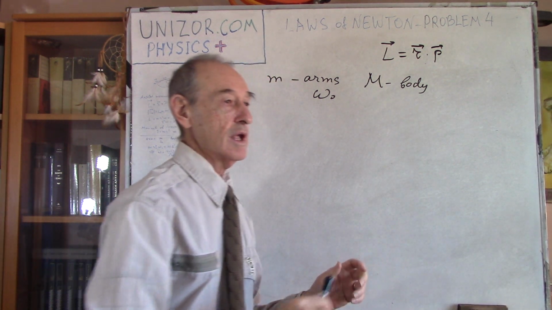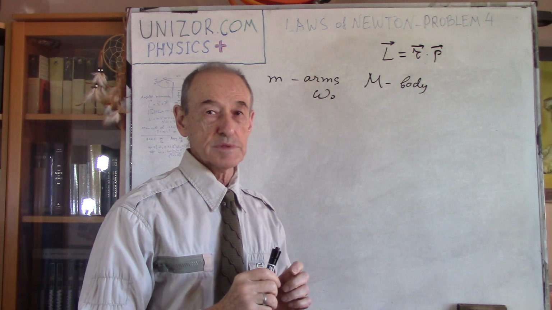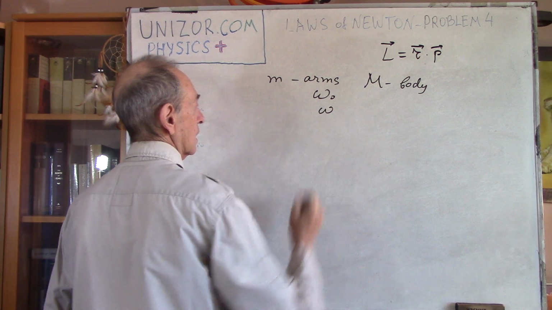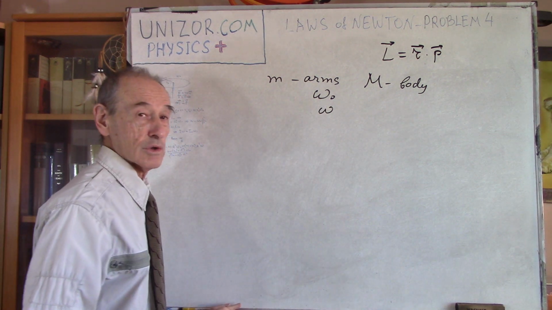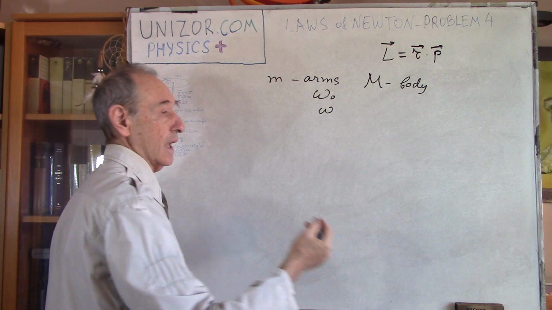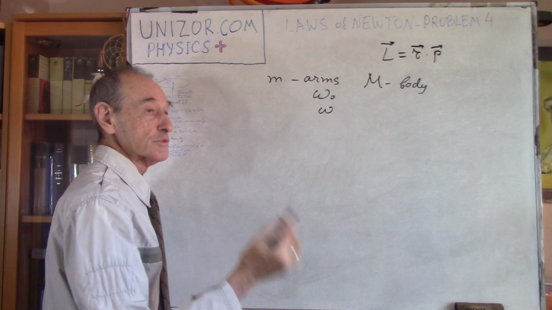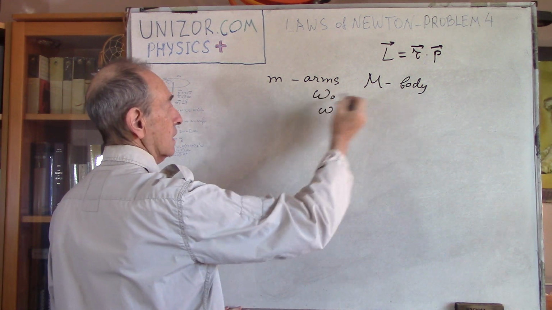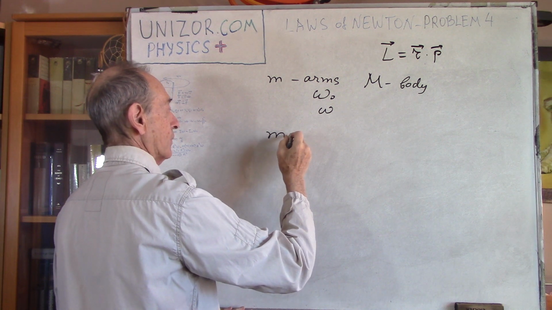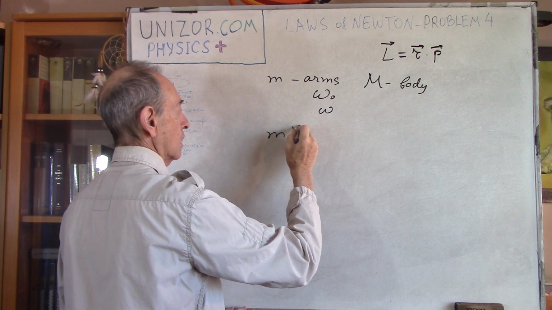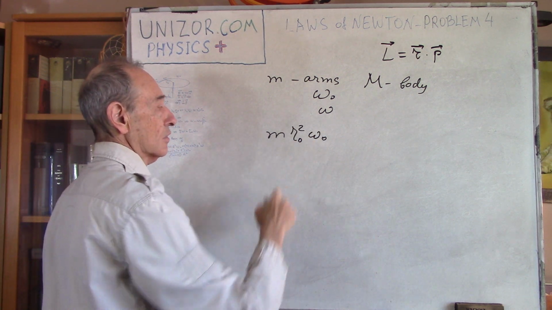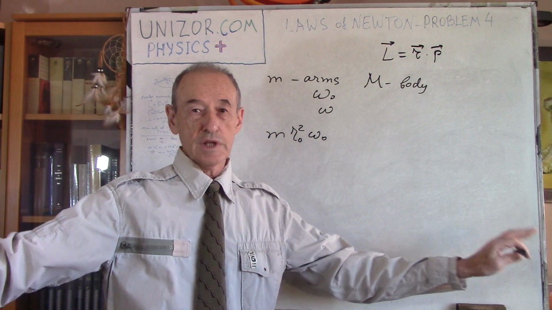So it's rotating, and then it brings the arms back, and it's supposed to rotate a little bit faster with angular speed omega, which we are going to calculate. So what is this? Well, first of all, the initial angular momentum is the angular momentum of two different things, arms and body. The arms are m r0 squared omega 0, where r0 is the radius of rotation of the arms.